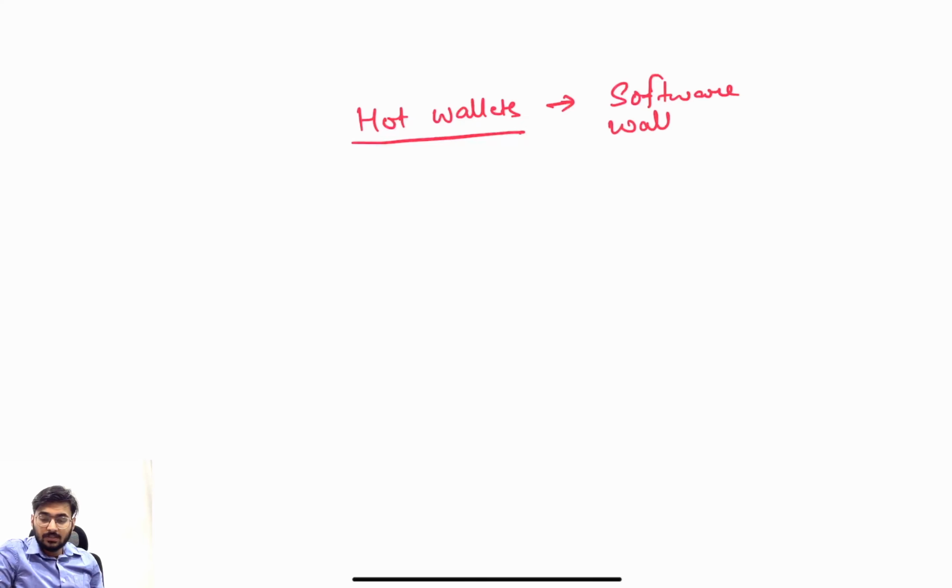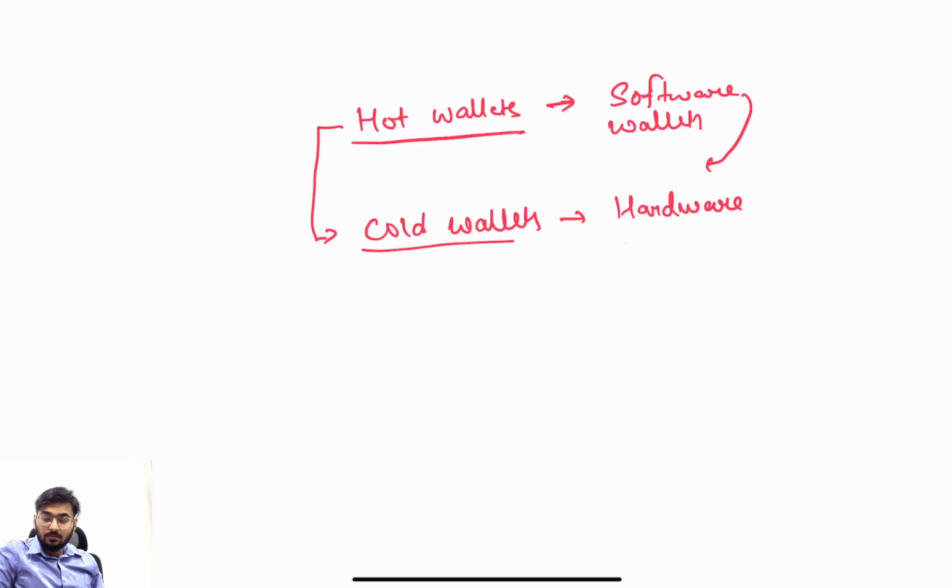based wallets. Clear? Now another type of wallet is a cold wallet. Clear? Now cold wallets are the opposite of this: hardware wallets. Now the point is why we are creating two types of wallets.